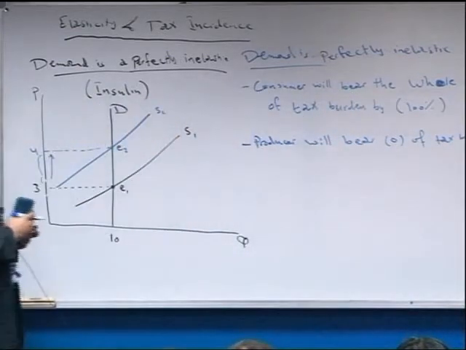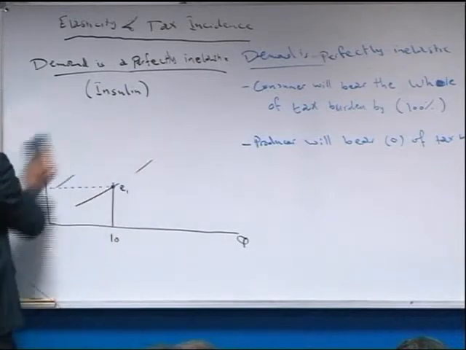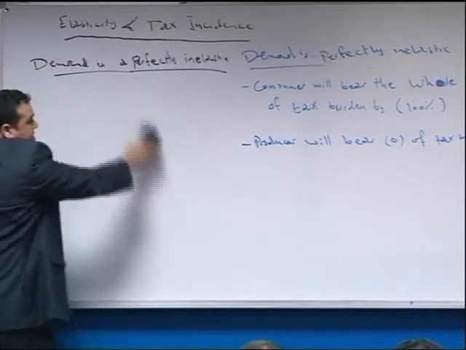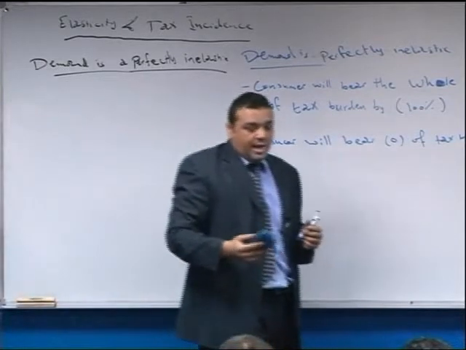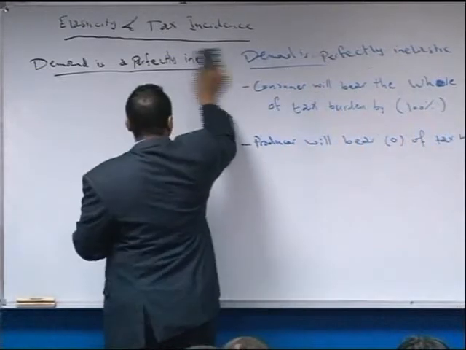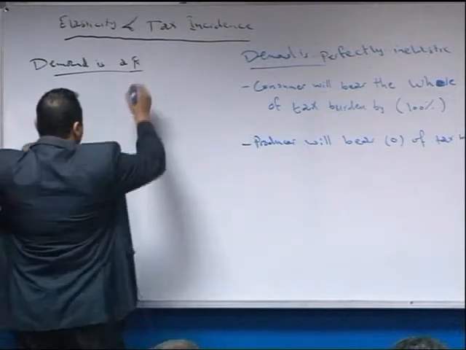What about the last case, when demand is perfectly elastic? Perfectly elastic means the product is not important for the consumer and it's easy to give it up when the price increases. And the demand curve is a horizontal line.